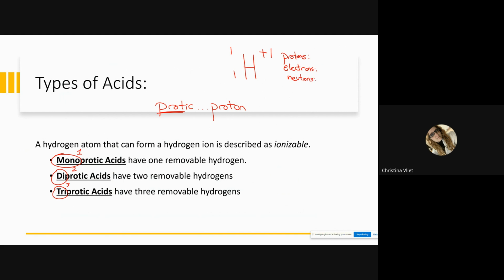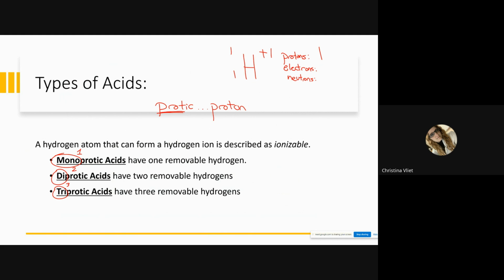Protons, how do I figure it out? This goes all the way back to Unit 1. How do I find the amount of protons? I look for the atomic number, the whole number, which is 1. Hydrogen has 1 proton, agree?